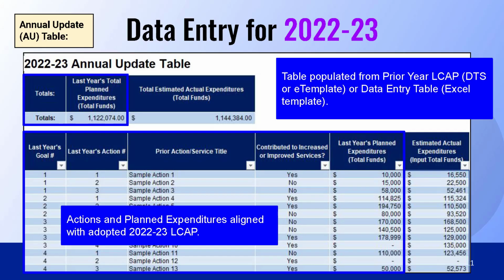Next, let's move to the annual update table. The top of the annual update table will not have any data entry. These amounts are carried over from the data entry table. In addition, all of the actions and planned expenditures will flow from the data entry table.